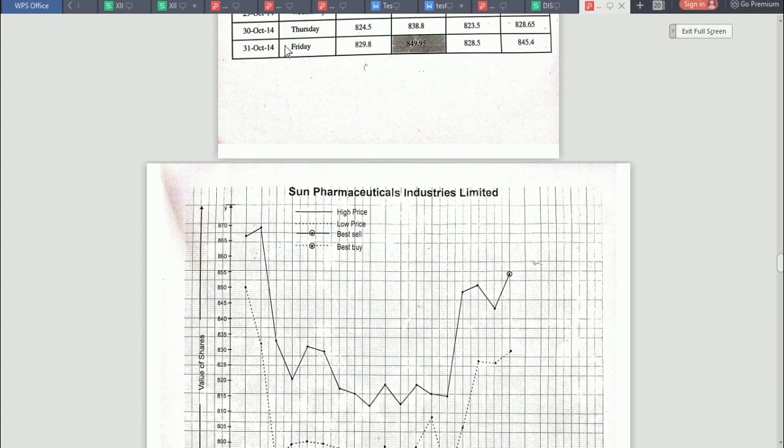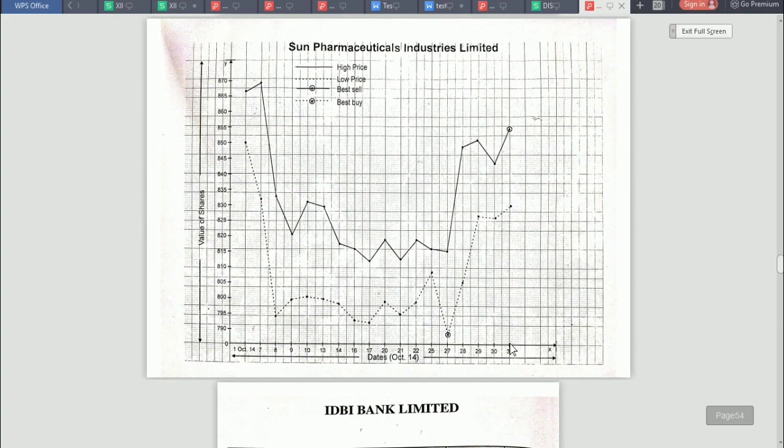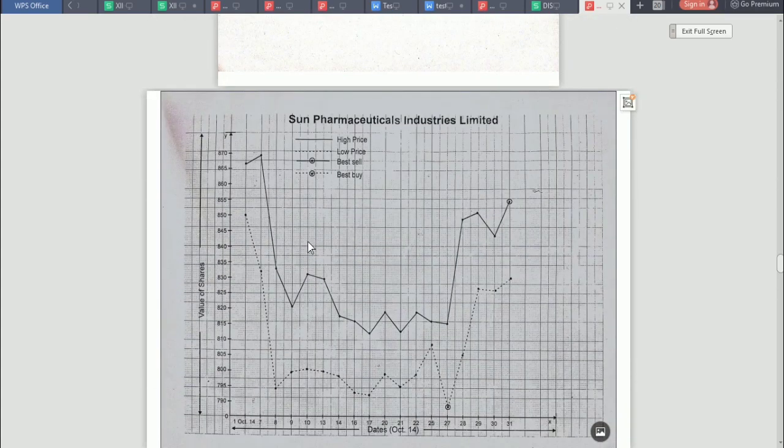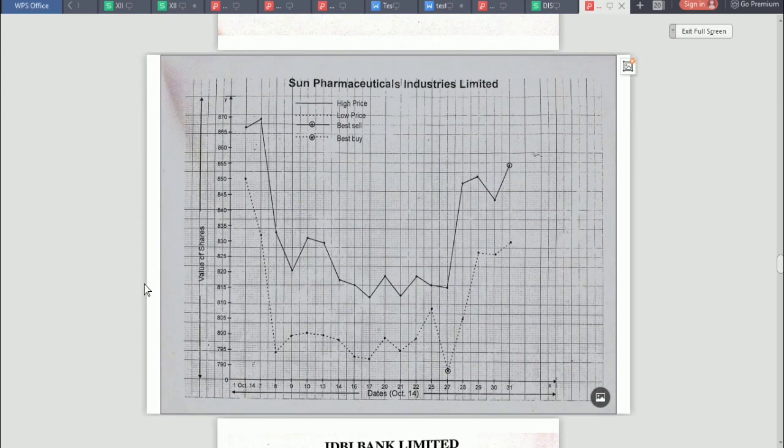I can show you the last date, 31st October. On 31st October it was 849.95 and 828. So this is 849.95 on 31st of October, and then I have 828, approximately.